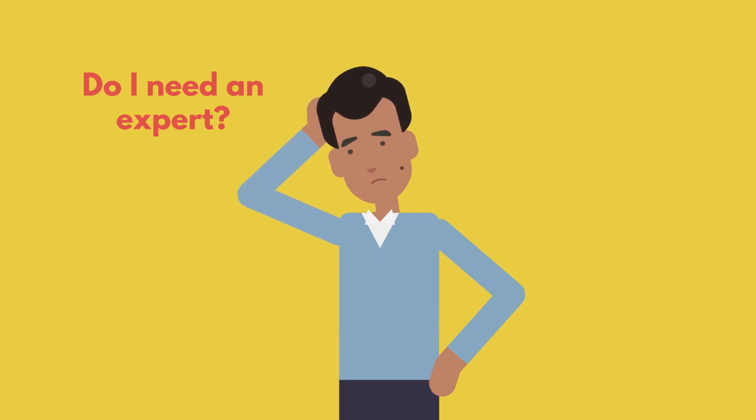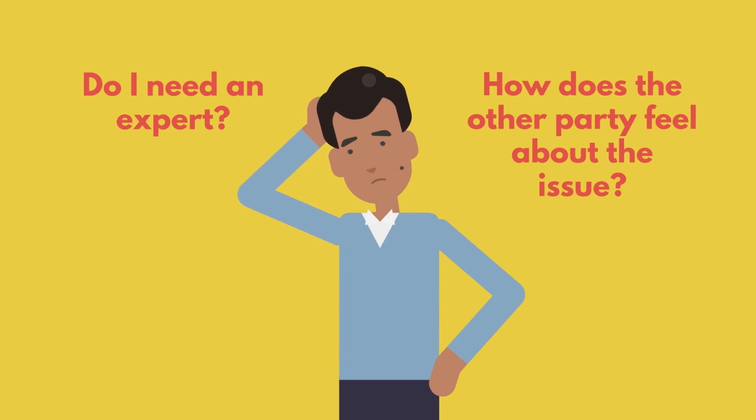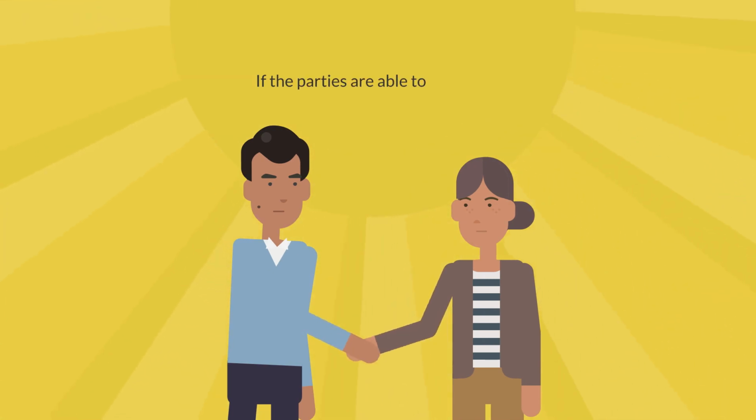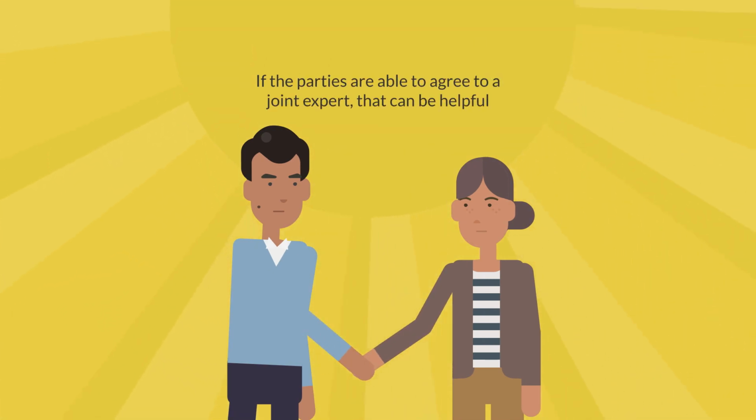Further, another way to figure out if there's going to be a need for a potential expert is to see how the other side feels on the issue. If the parties are able to agree to a joint expert, that can be helpful in limiting the time used on the matter, in the sense that we're having a third-party neutral come into a situation and evaluate it and give us either their opinion or their evaluation of the property.